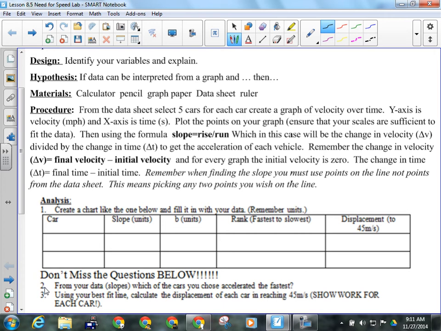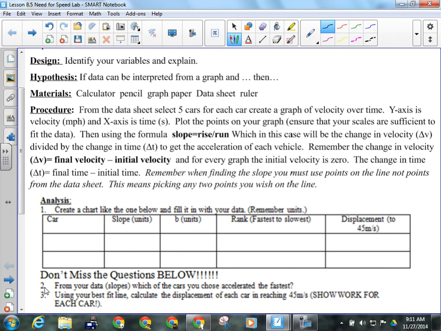All right, everyone with me there? So you guys have got to decide where those variables go. We're kind of designing this experiment a little bit ourselves, so we're going to identify what we think good controlled variables would have been for that experiment.